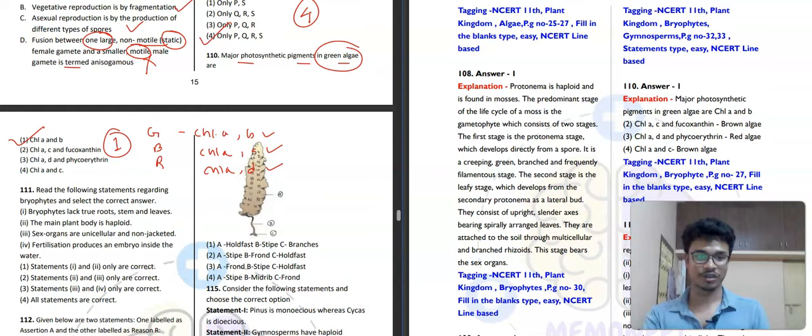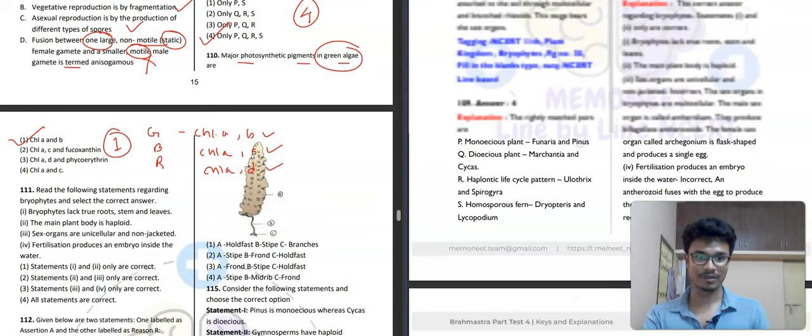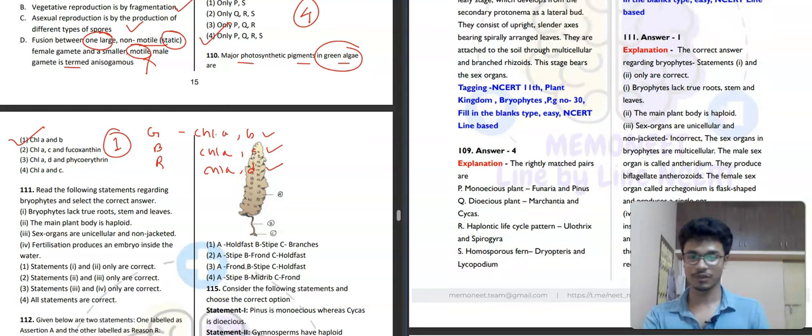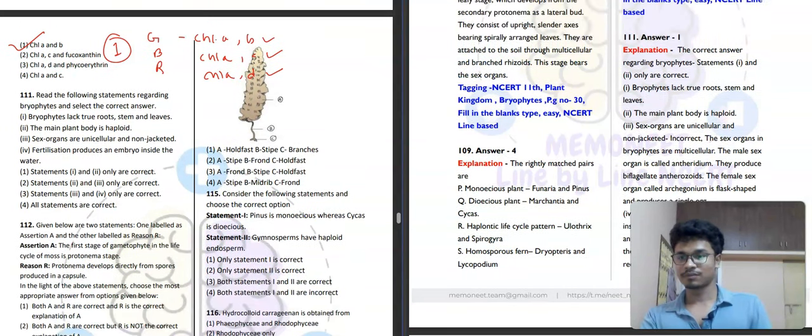Moving towards question number 111. It is saying to read the following statements regarding the bryophytes and select the correct answer. So you need to select the correct statements. First statement is saying that bryophytes lack true roots, stem and leaves.